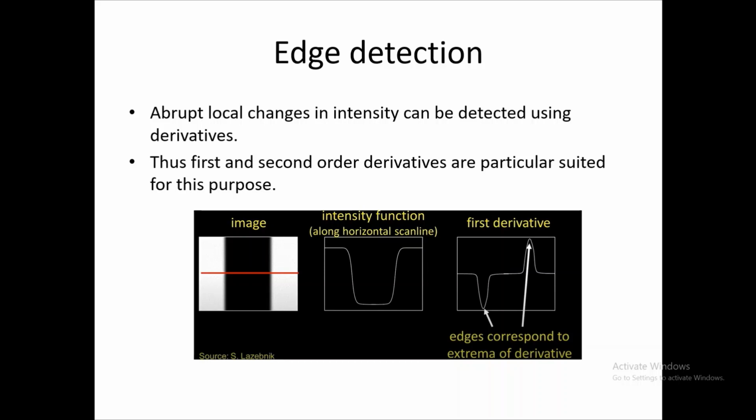We see here the two extremas, this one and this one, and these correspond to the edges, or occur mainly because of the edges, where the intensity profile changes abruptly.